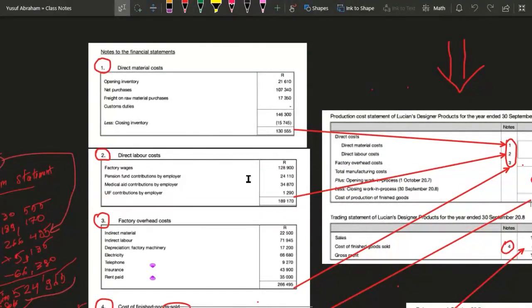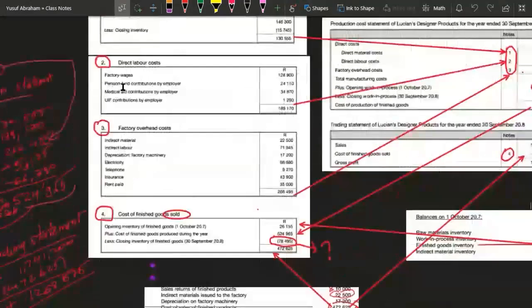You start with the opening balance plus all the purchases, plus the freight, custom duty, you name it, minus the closing inventory. Then you get your direct material. Direct labor, we talked about it. Factory pension, medical, you add them up together.